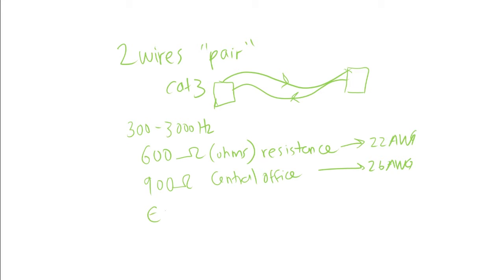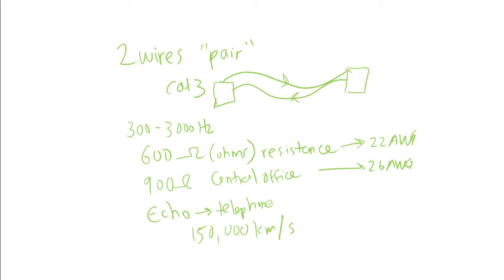And I mentioned echo. We do have echo sometimes in the telephone system. So the reason we have echo is because our telephone conversation travels at 150,000 kilometers per second, half the speed of light.